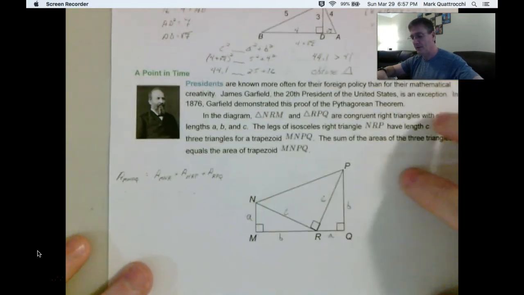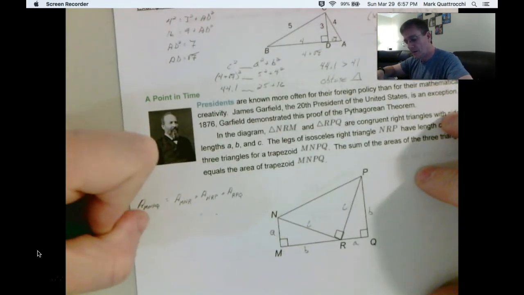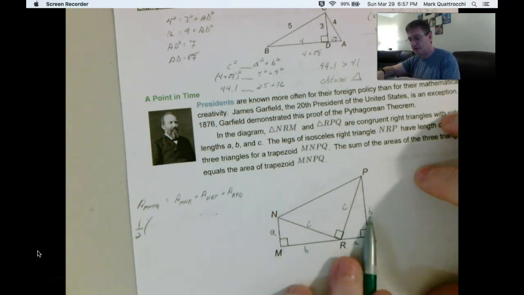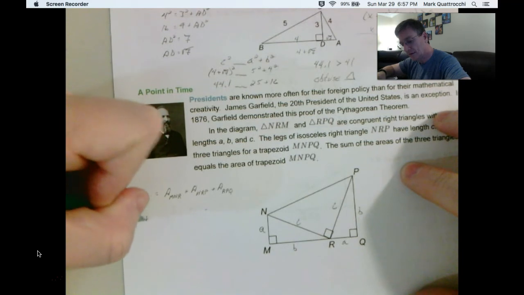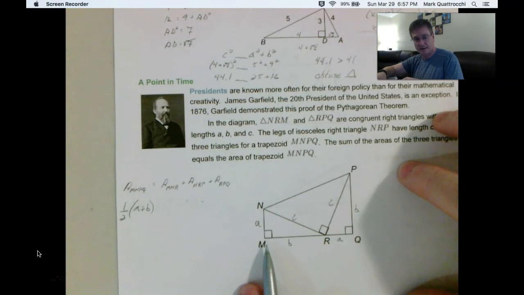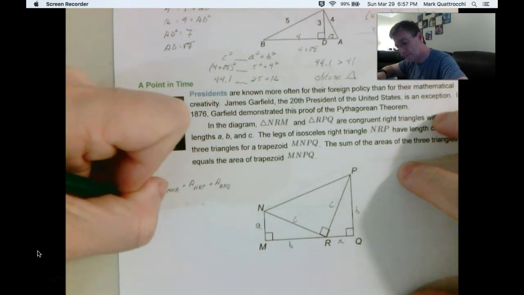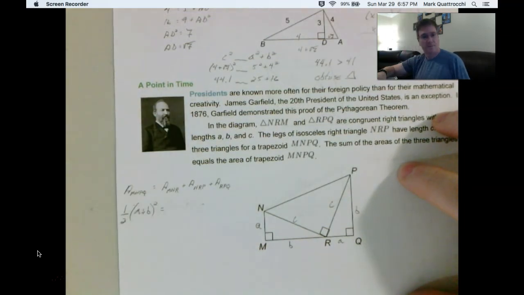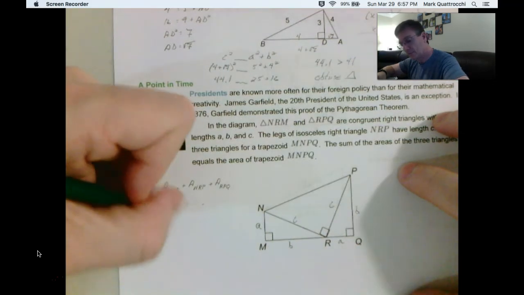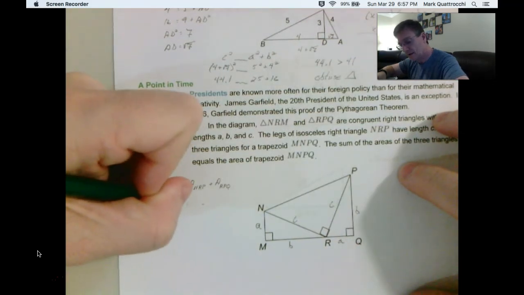Okay, so area of the trapezoid, base 1 plus base 2, A plus B, times the height, A plus B. So squared. Triangle MNR, area of triangle MNR, 1/2 base times height, 1/2 AB.